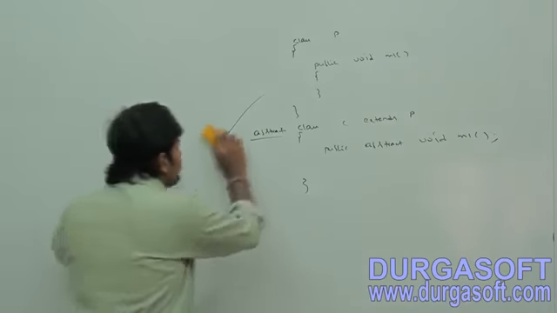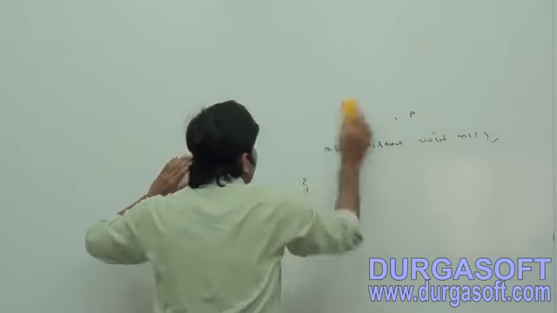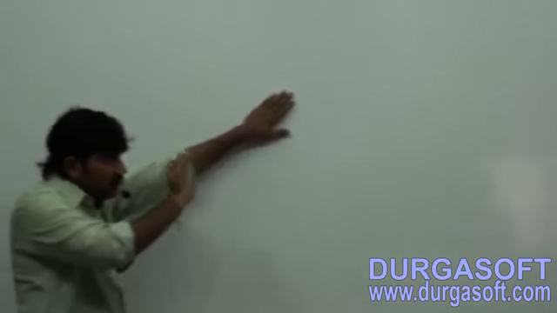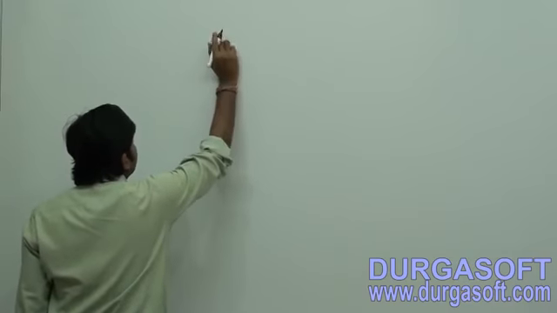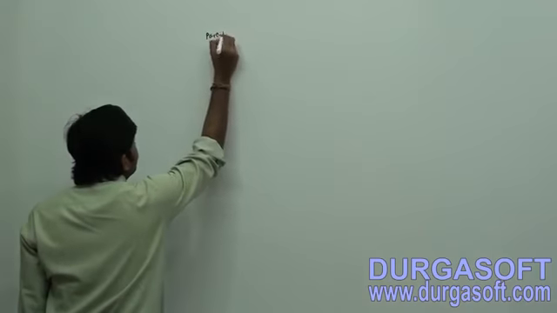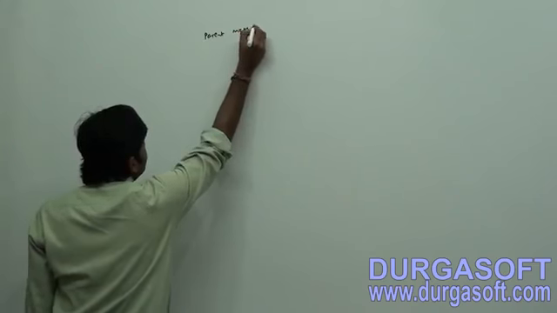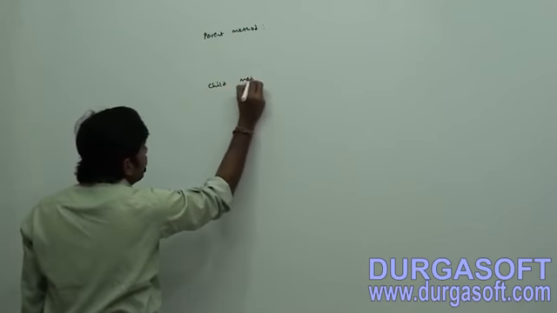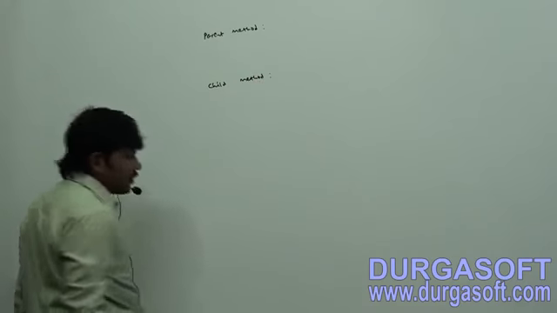Okay, so make sure you have clarity about these things. Next, take very special care about these summary points. Here assume this is the parent method and this is the child method. Sometimes maybe I will do the reverse also.